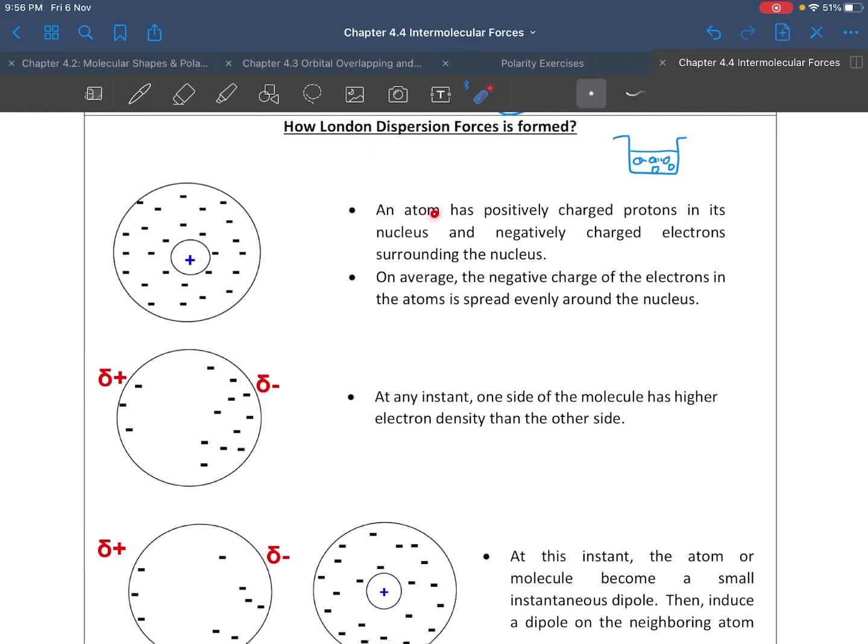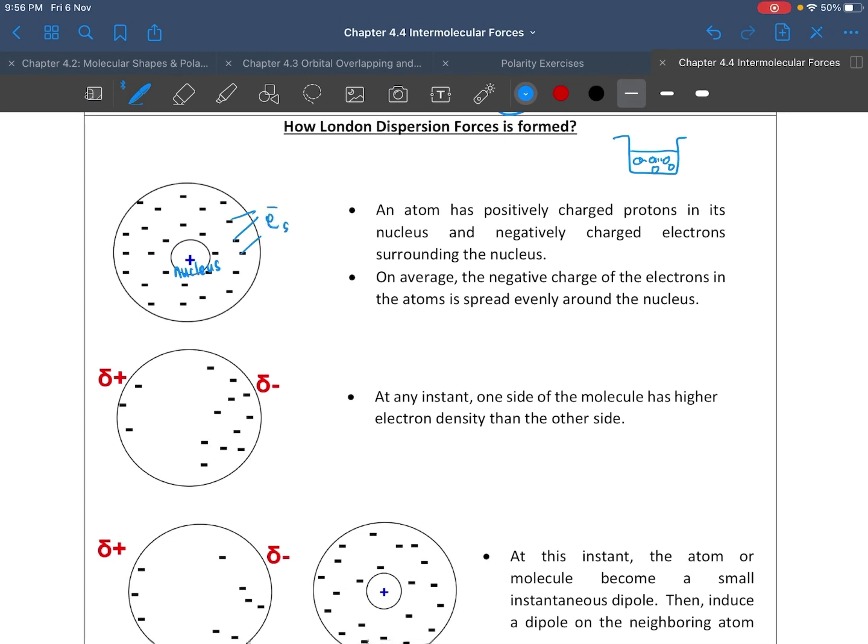Okay, so dia kata an atom has a positively charged proton in its nucleus and the negatively charged electrons surrounding the nucleus. Ini biasalah. We know that at the central atom yang positive charge ni adalah nucleus. And all the dash here adalah elektron sebenarnya yang saya nak maksudkan.